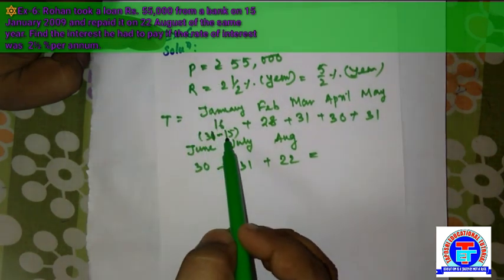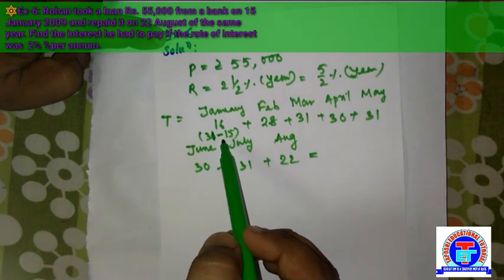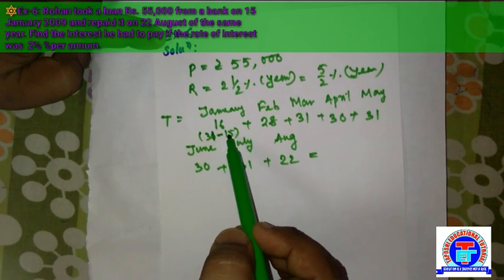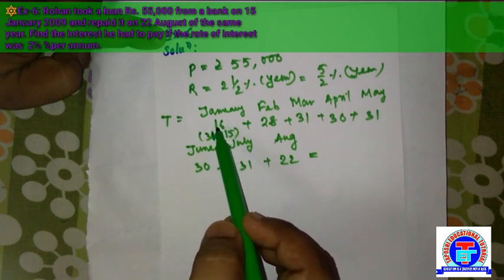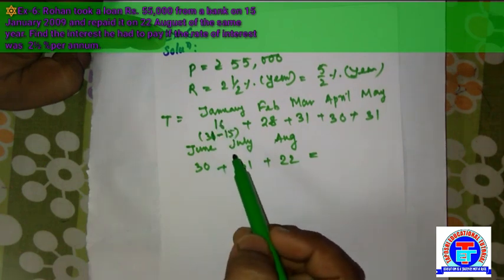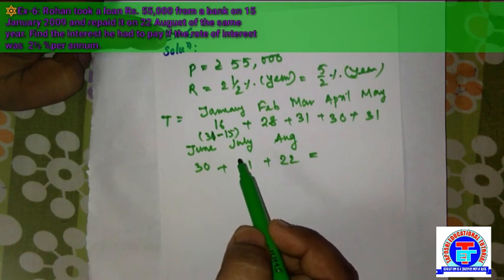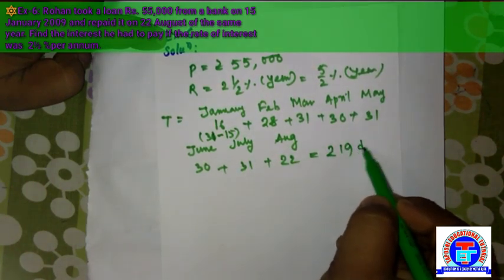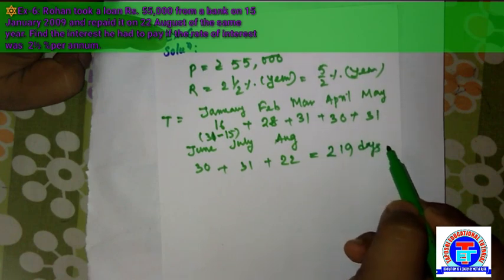So starting here 15 January 2009, we subtract 31 minus 15, that will get 16. Okay, so total days will come 219 days.